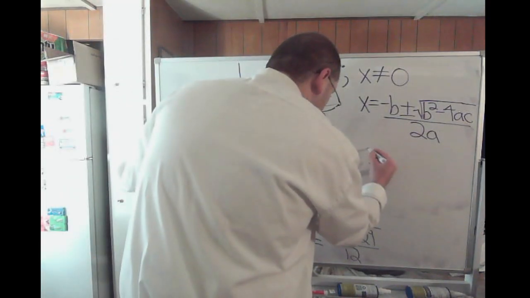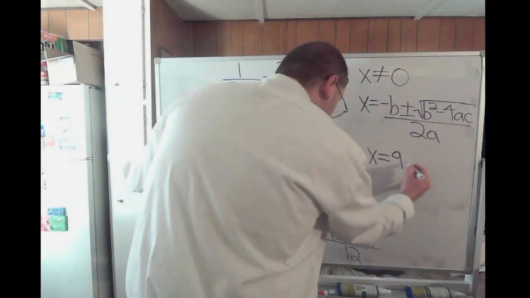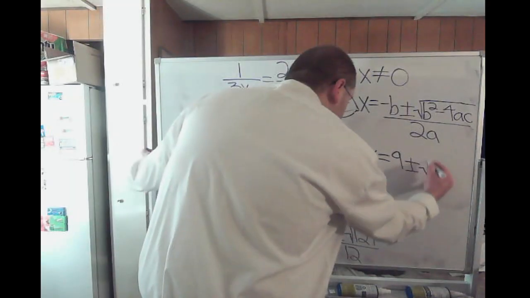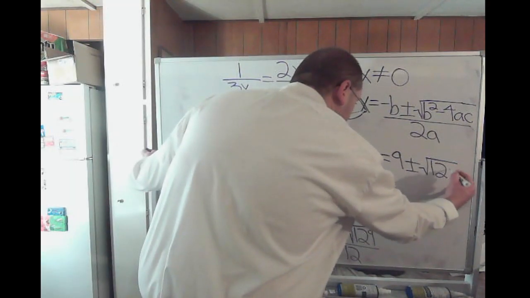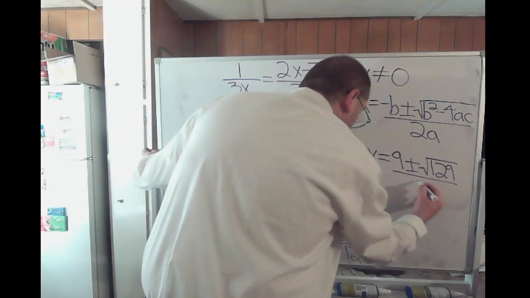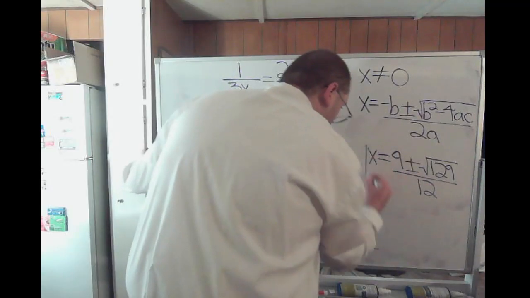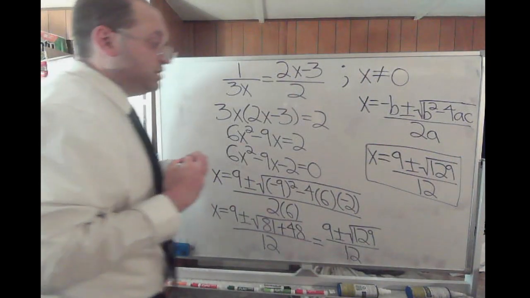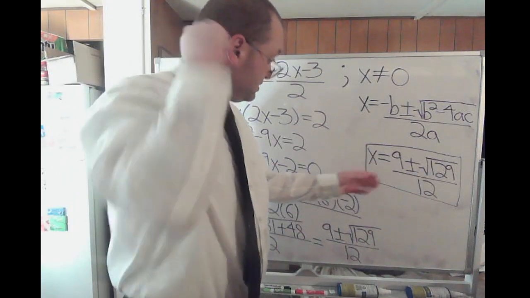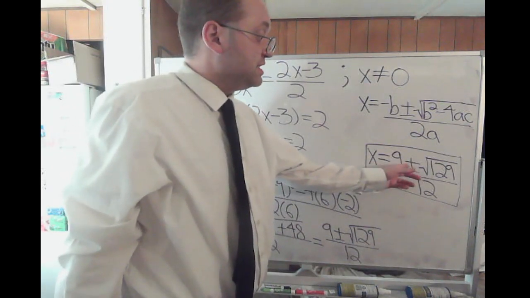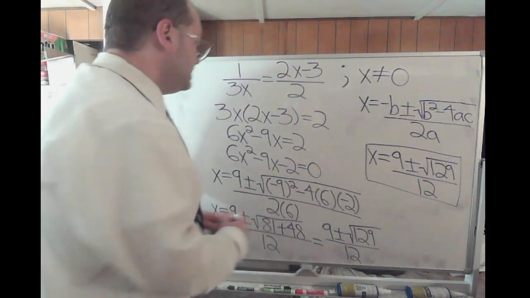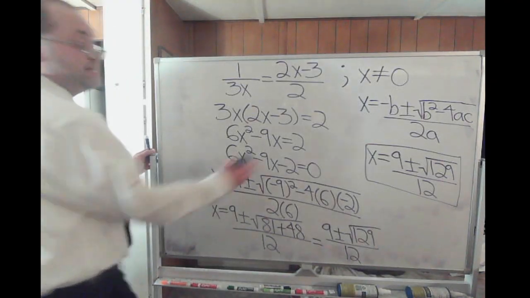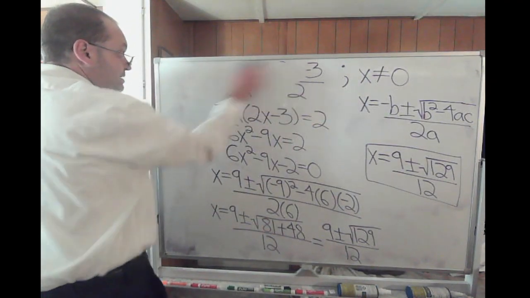So that means for your end result, x equals 9 plus and minus the square root of 129 all over 12. So, and that's really as far as we can break it down. So x equals 9 plus and minus the square root of 129 over 12. And we didn't get 0, so that's good. We can keep both solutions then.